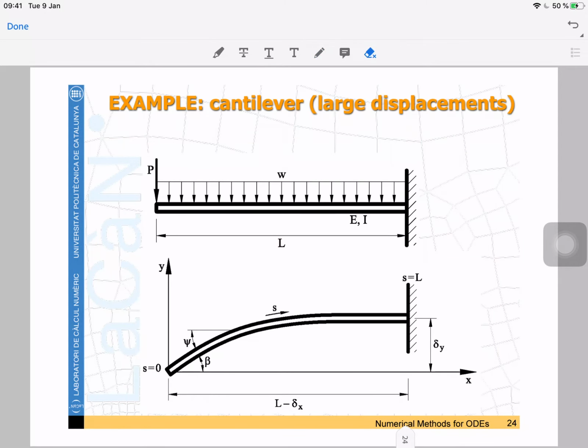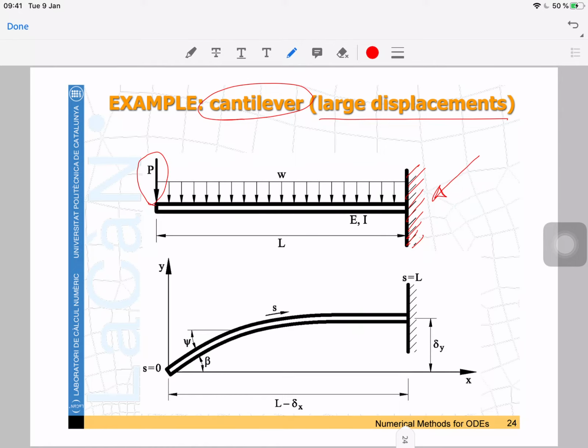An example of application of higher order ODEs is to find large displacements in a cantilever beam. The cantilever beam is represented graphically here. The beam is fixed at one end, and we apply a point force P at the other end. We also apply a distributed load W along the beam.